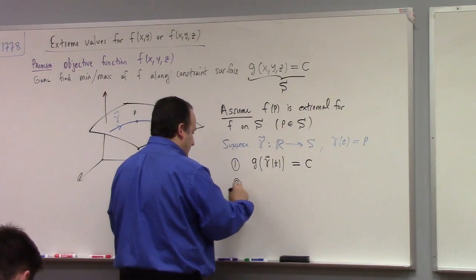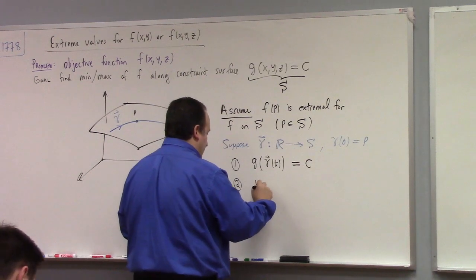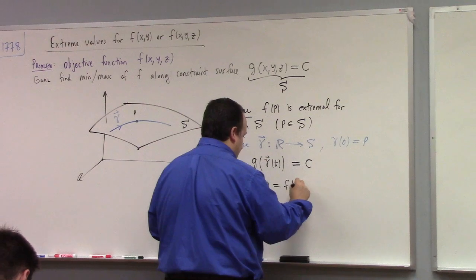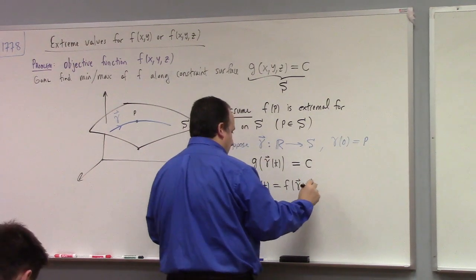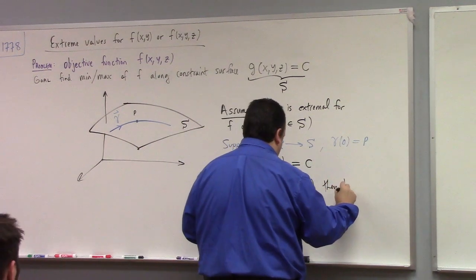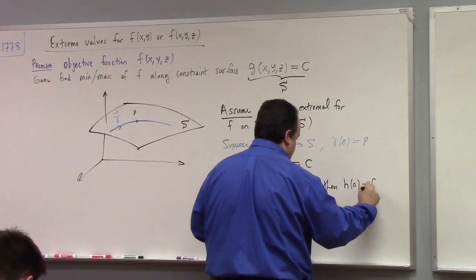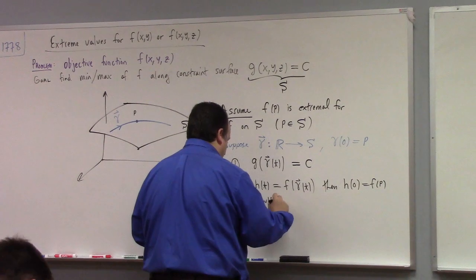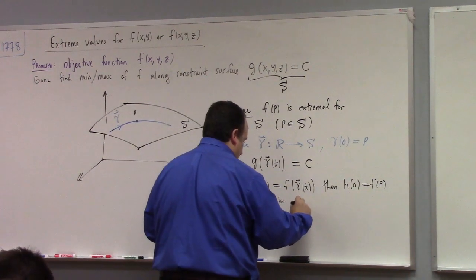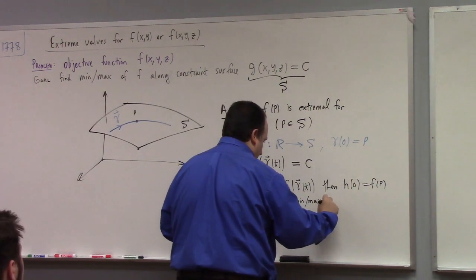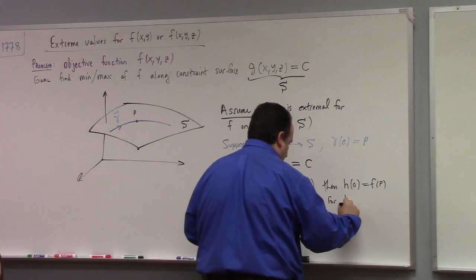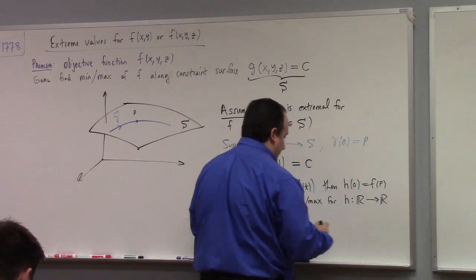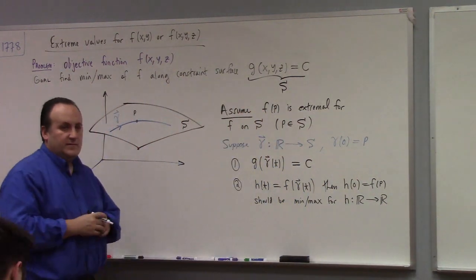Number two, if we look at h of t, which is equal to f of gamma of t, then h of 0, which is equal to f of p, should be a min or max for h, which is a function from R to R. Do you guys agree?